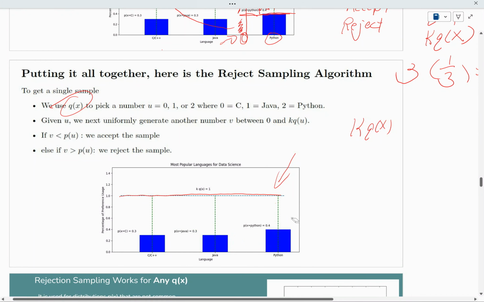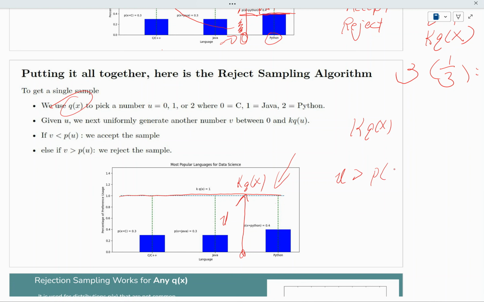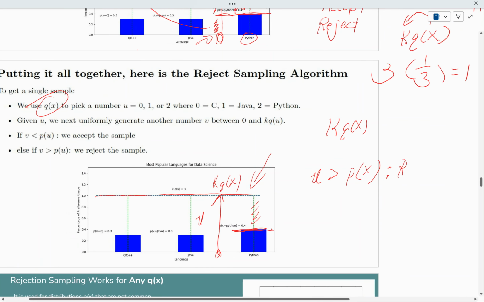And this rejection region allows you to then generate a second value between 0 to KQX, and we're going to call this second value U. If the value U is greater than the probability of X, so if it's greater than this point, then you fall into this region, which is rejection.